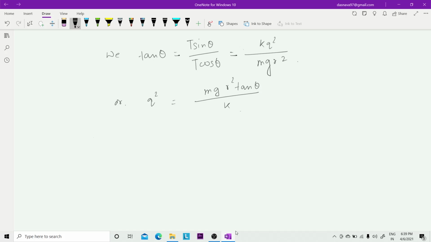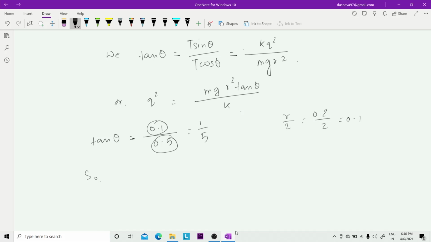Now from the figure, tan theta equals 0.1 by 0.5. If we divide the distance between the spheres by 2, we get half the distance r, so r by 2, 0.2 by 2 equals 0.1. From here we get 0.1, and 0.5 is the length of the thread, so this is 1 by 5.